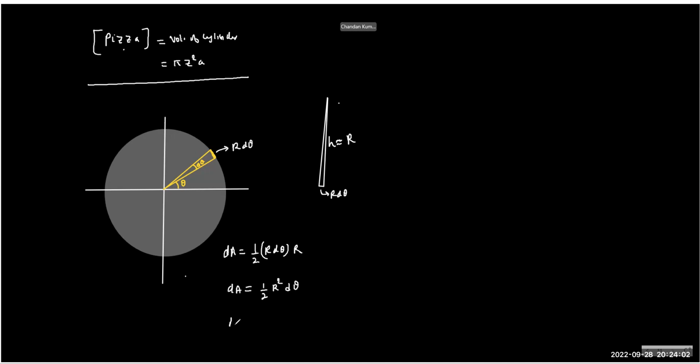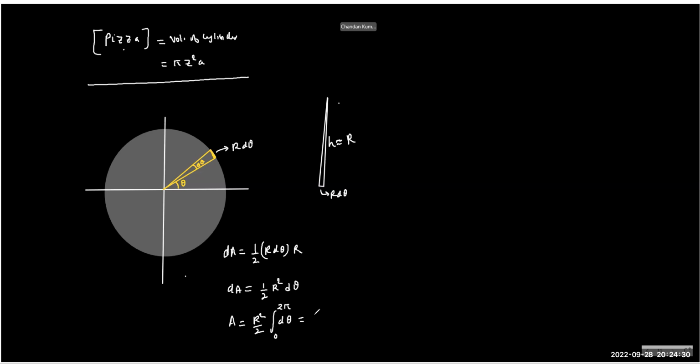And therefore, to find the total area, we have to simply integrate dA over theta, from where to where? From 0 to how much must you turn to cover the entire circle? 180, 360, but in radians, 2 pi.